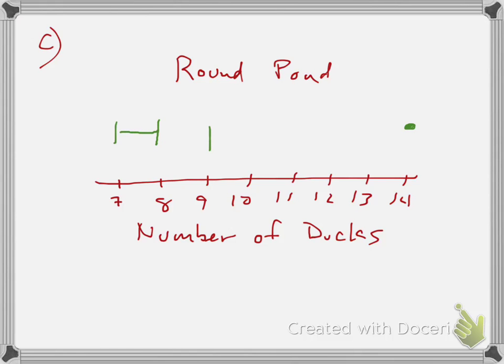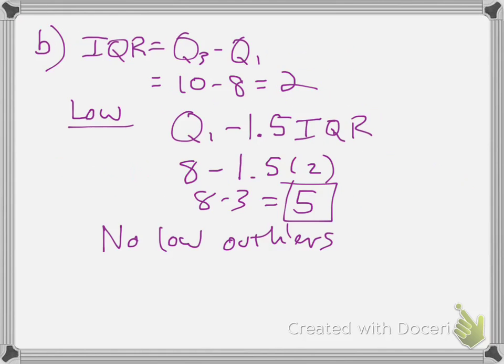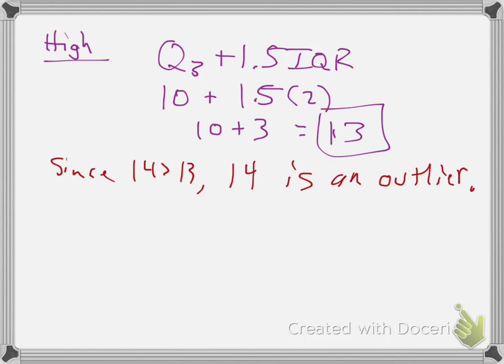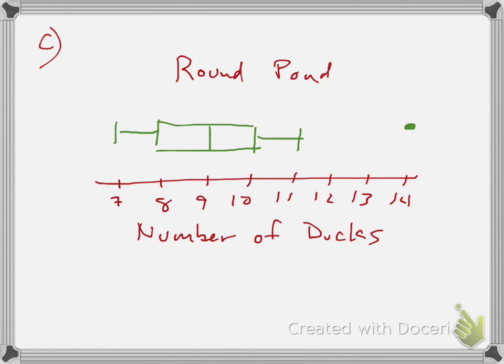Median's never going to be an outlier, nor is Q3. So here's our interquartile range. Now this whisker is going to stop here at 11. Why? Because 11 was our last observation, this guy right there, that was not an outlier. And then this dot right there represents our outlier. And this is our box plot.